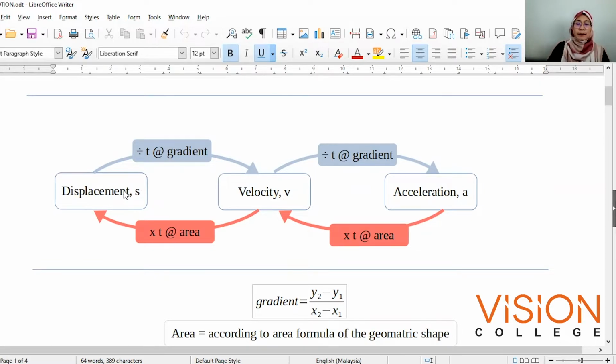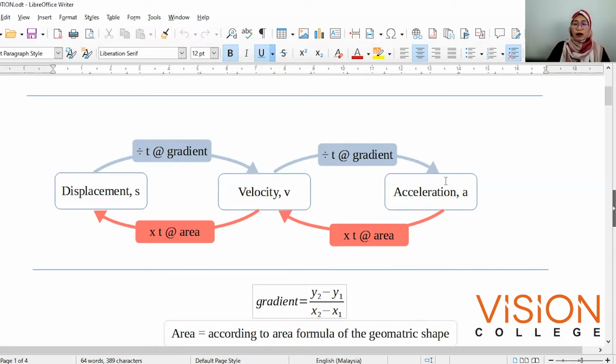As I mentioned just now, from displacement, how can we get velocity? What is the formula for velocity? It's displacement over time, or displacement divided by time. So if we have displacement, we divide by time, we get the velocity. If we divide velocity by time, we will get acceleration.